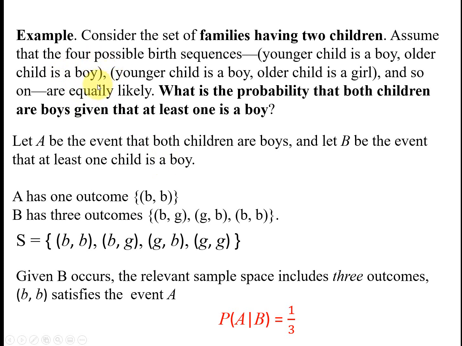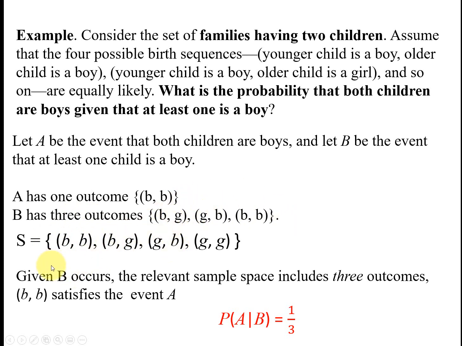So continuing this example, A has one outcome, where both children are boys, and B is the event that at least one child is a boy, and we can see that there are 3 outcomes there out of this sample space: 1, 2, and 3.